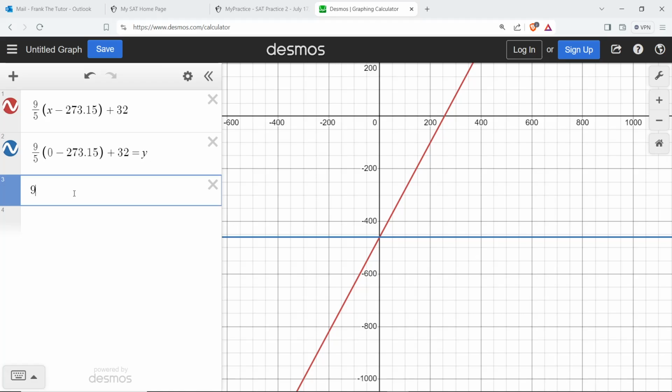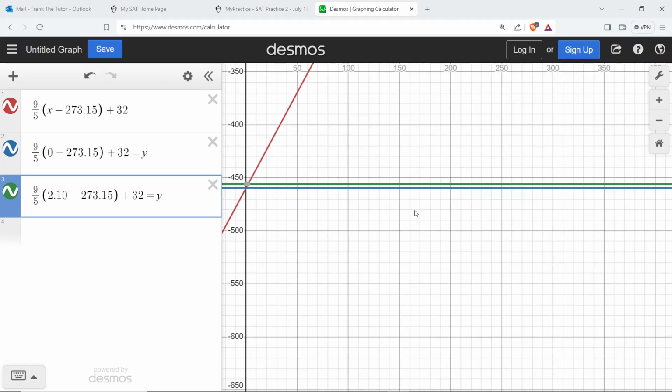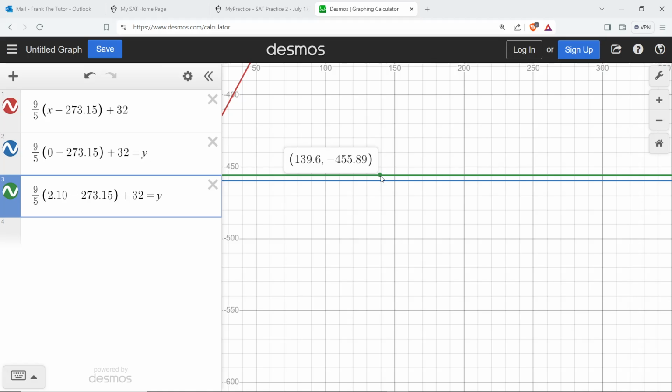Now, I will increase it by 2.10 degrees. That's what the question says to do. So now x is 2.10. That's 2.10 degrees bigger than 0. And I'll put y, and it's going to be very close, but now I can see it goes to negative 455.89.